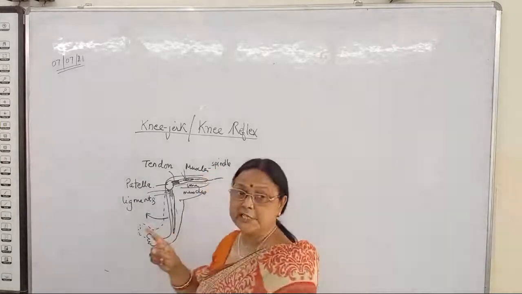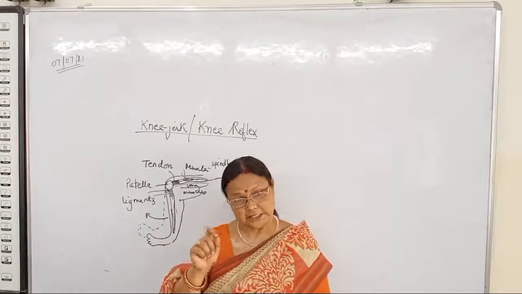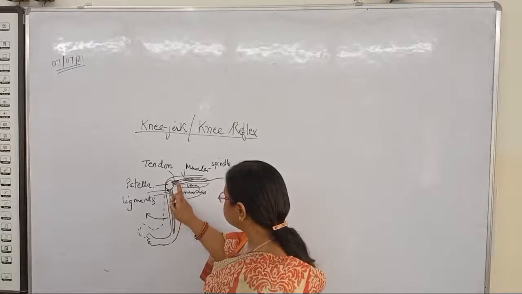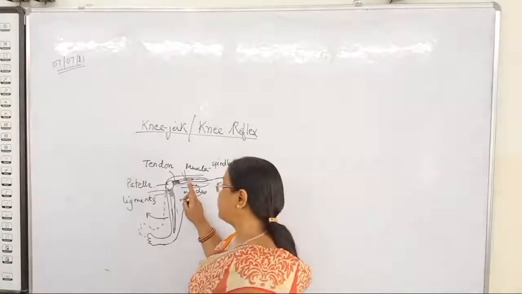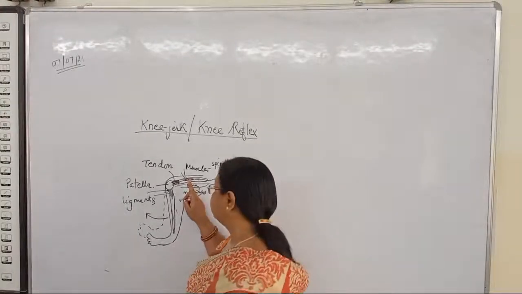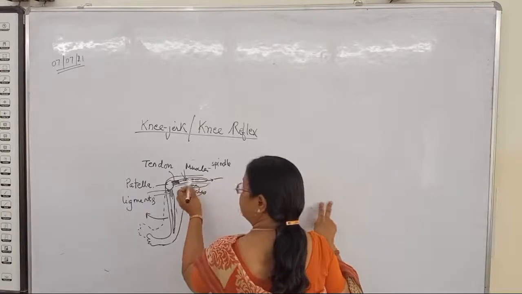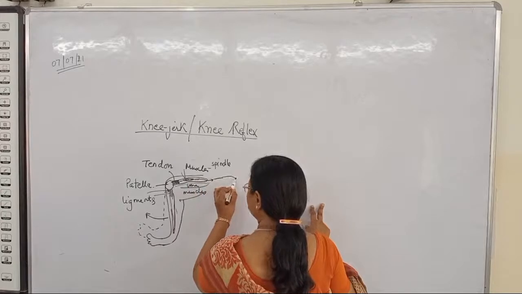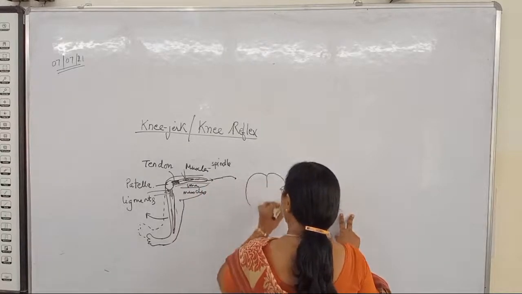These muscle spindles are the kind of receptors that are sensitive to stretch. So when you strike here, this stretches this muscle, and these muscle spindles, which act as receptors, get stimulated and carry the message to the spinal cord level.